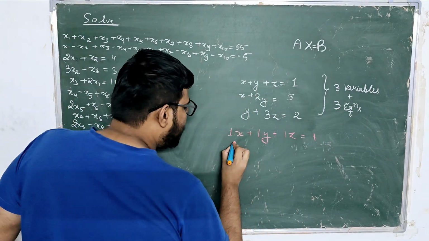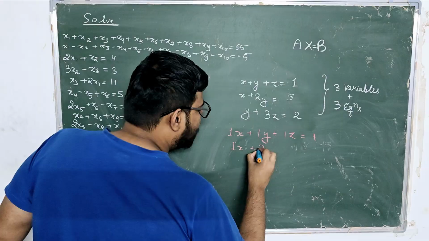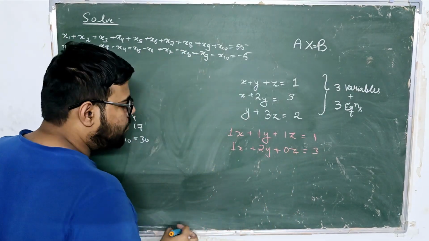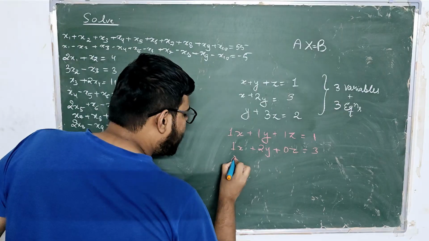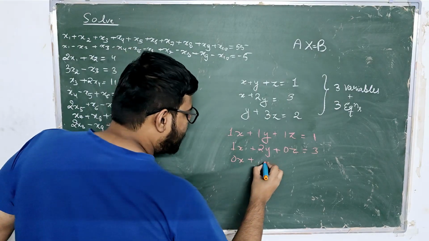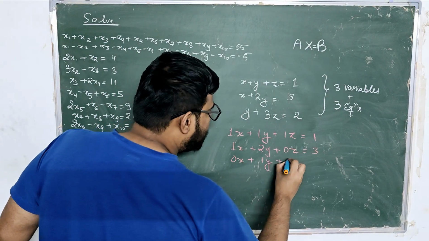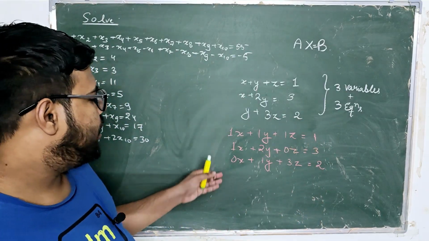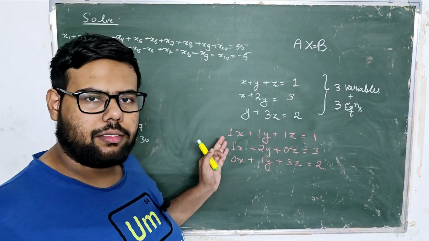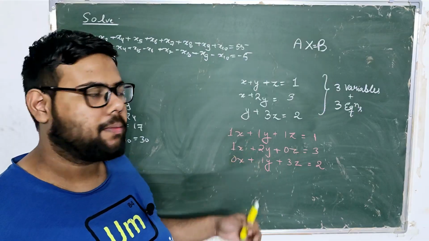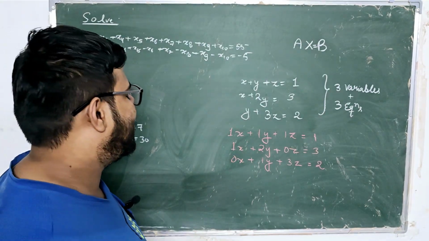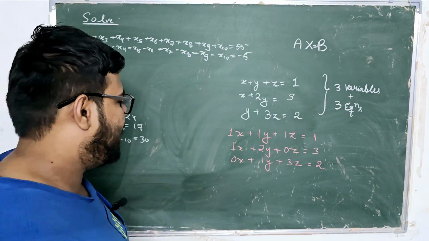And this equation can be written as 1 times x plus 2 times y plus 0 times z is equal to 3, correct. And third one can be written as like this: 0 times x plus 1 times y plus 3 times z is equal to 2, right? So we can write it like this, right? Of course they're the same actually, I should say, instead of equivalent, right?